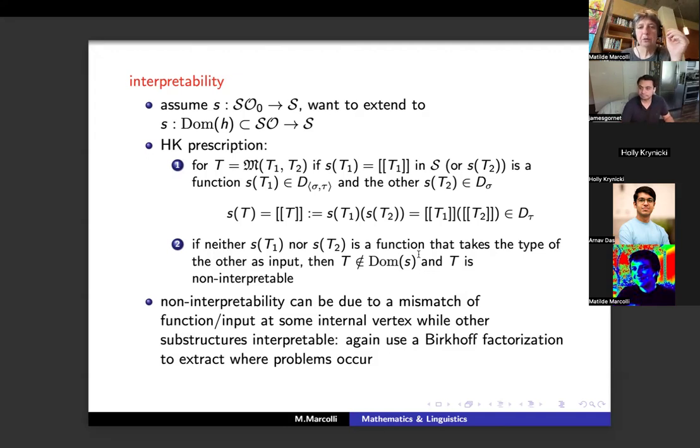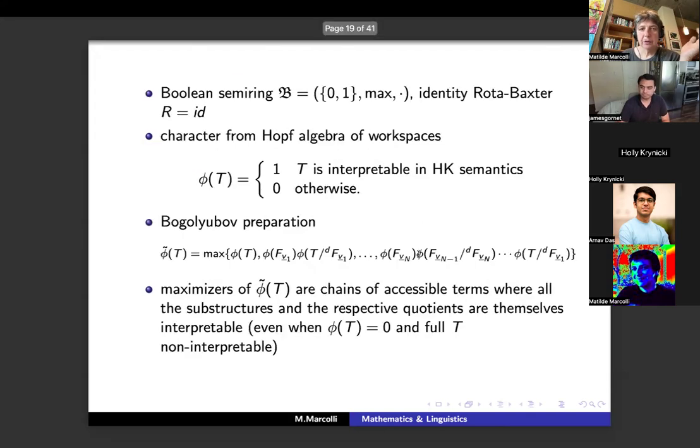Okay, so we can think of this again as a character with values in the Boolean semiring, because here ultimately everything ends up being an assignment of 0, 1 values. So the only semiring in which we can do parsing with this point of view of Heim-Kratzer semantics would be just the 0, 1 Boolean semiring.